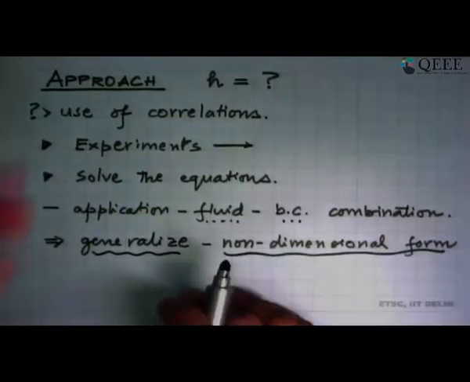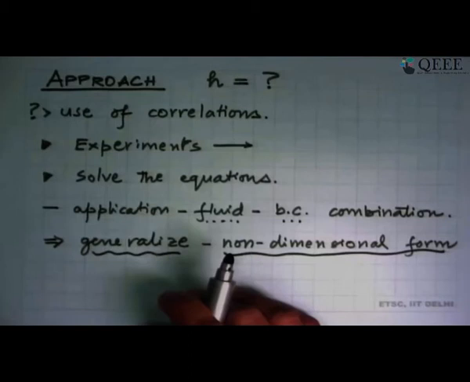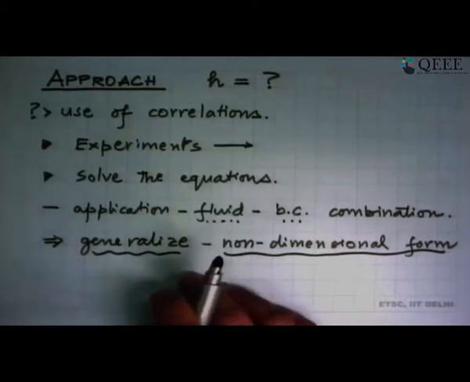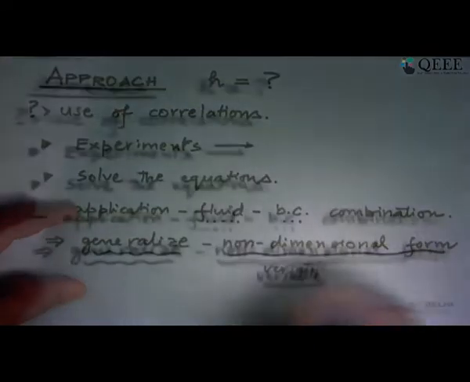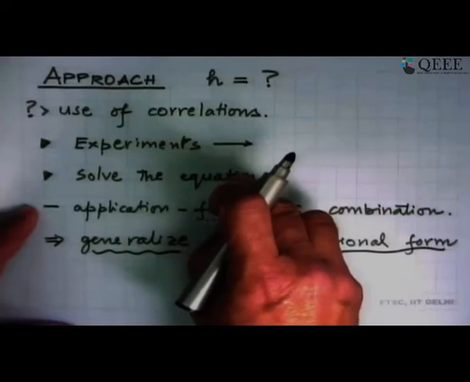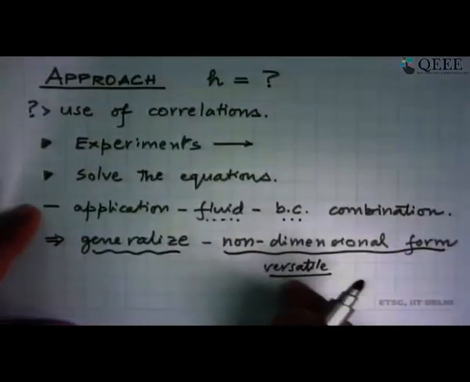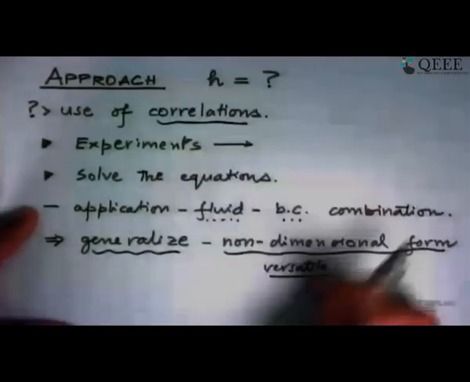The non-dimensional form is nice in that you can then apply that particular thing to the same geometry but to any fluid within a certain velocity range, within a certain temperature range, and that makes the solution much more versatile. So that is what we end up doing finally. I'll give a few examples on what I mean by these two to illustrate how we get finally a correlation which is very versatile in use.